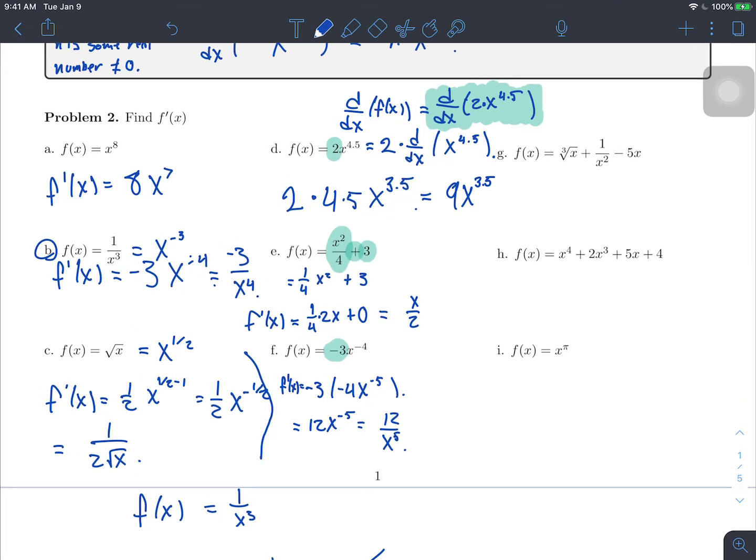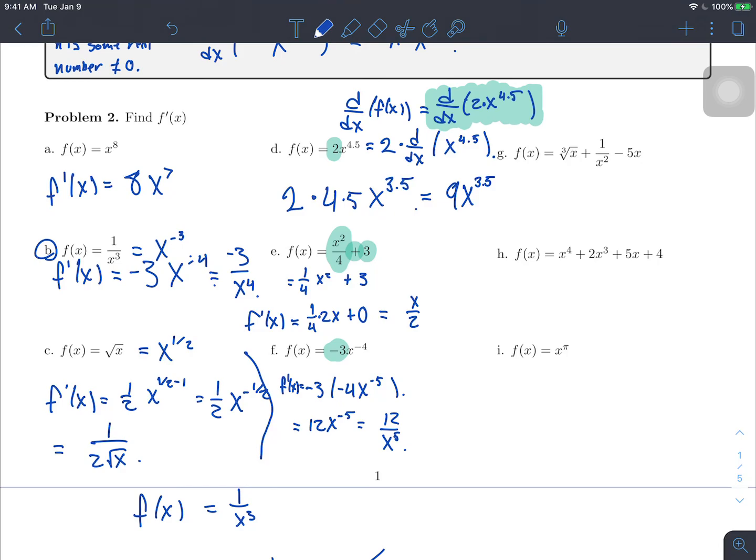G looks like a doozy, so let's stop for a second and ask for questions. Yes? Can you leave it as 12x to the negative 5th, or do you need to rewrite it? Good question. Usually my policy on things like exams or quizzes, of course we're not having quizzes this semester, usually my grading policy is if your answer is equivalent to the answer that I was looking for, I'll give you full points.